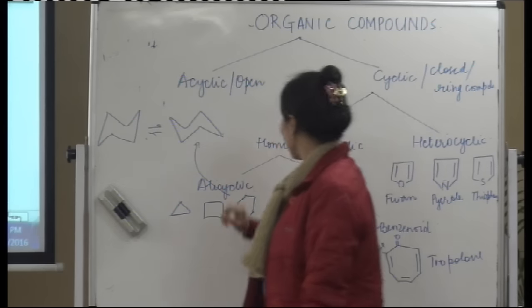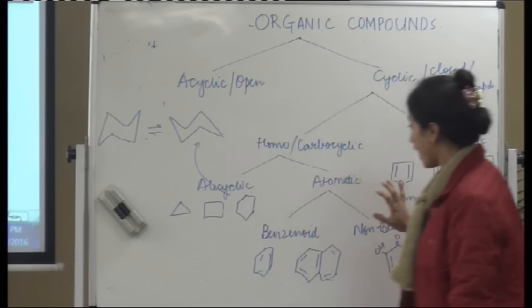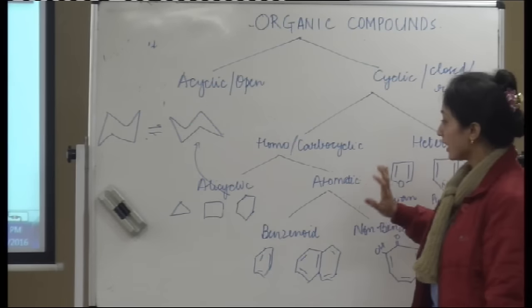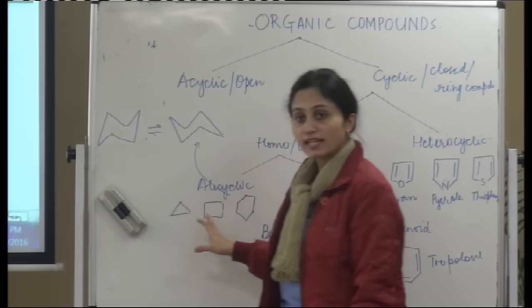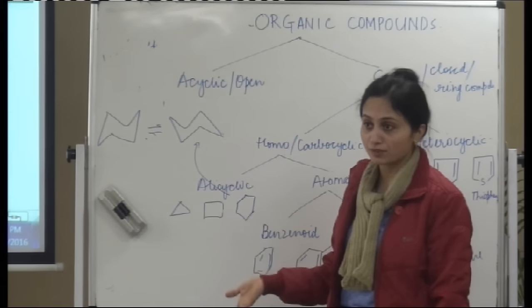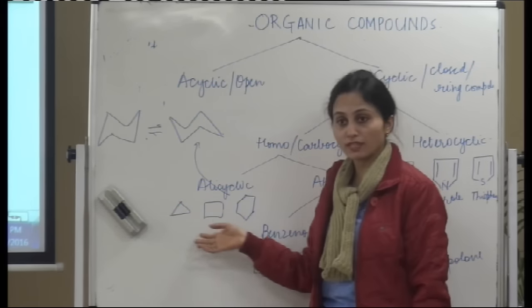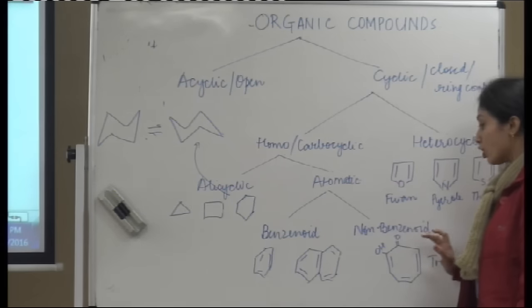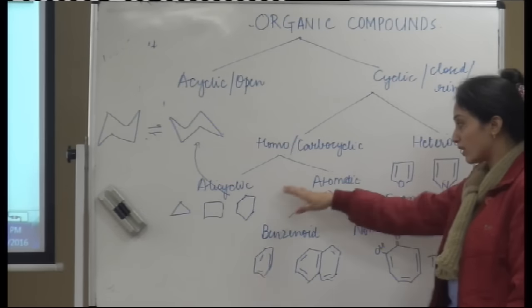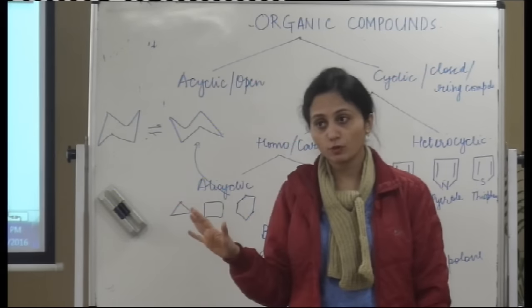Now coming to the homocyclic compounds, you have two types again, alicyclic and aromatic compounds. In alicyclic compounds, you have simply cyclic compounds of carbon and its family. So you can have cyclopropane, cyclobutane, cyclopentane and so on. When you talk about aromatic, you know which compounds are aromatic in nature: those which follow Huckel's rule.